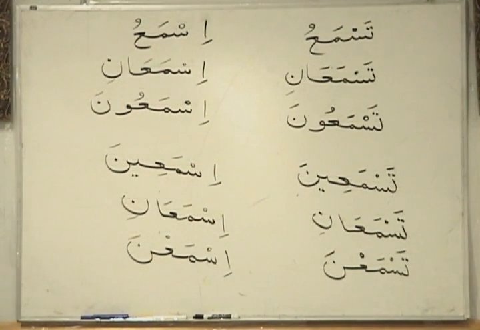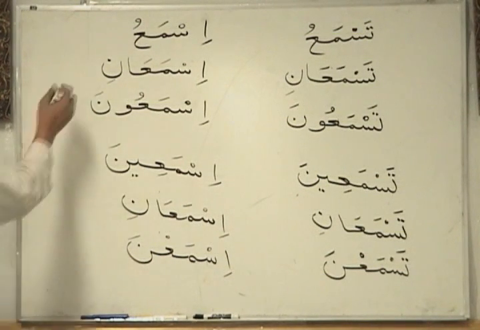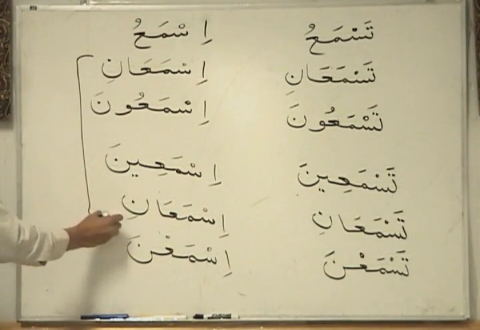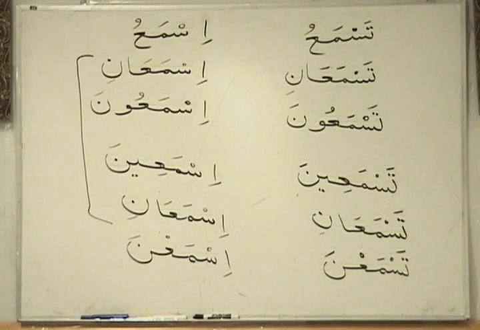How about we look at it this way. The middle four follow one formula as far as what you do with the end. For the middle four, use this formula: get rid of the noon.